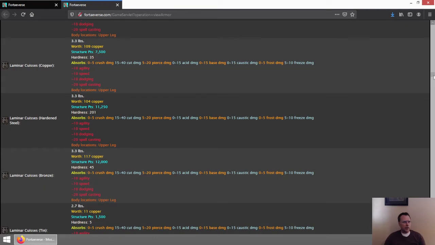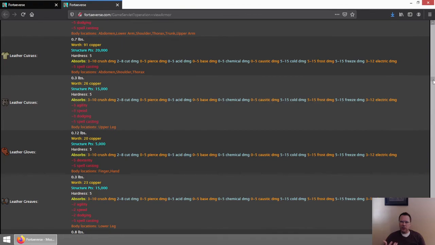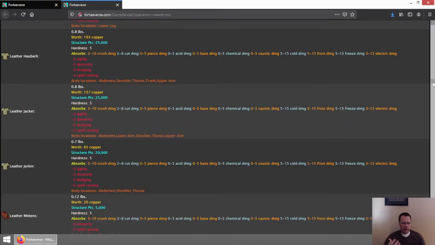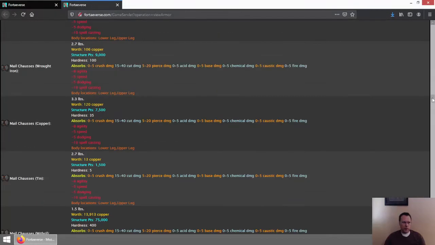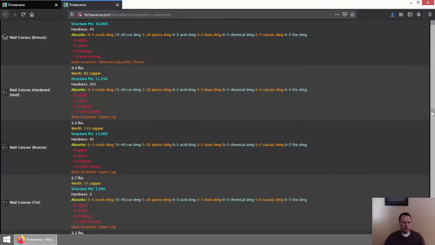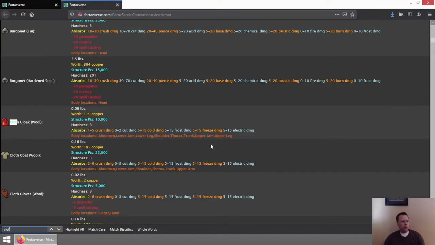So you'll have to make the choices on that kind of thing. And then, of course, various types of armor or materials, depending on what they're made of, do not interfere as much with certain spellcasting. For example, if we look at cloth, you can see cloth does not interfere with spellcasting. You can see a cloak here covers all kinds of body locations. Some types of armor are better against different types of attack. Here the cloth you can see is decent against crush damage.